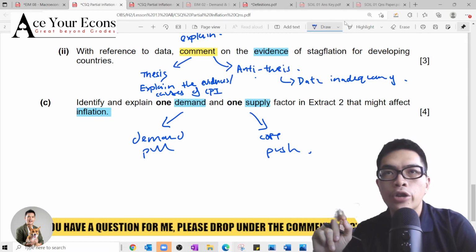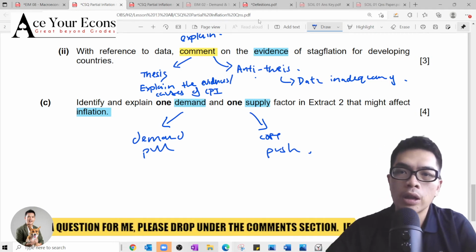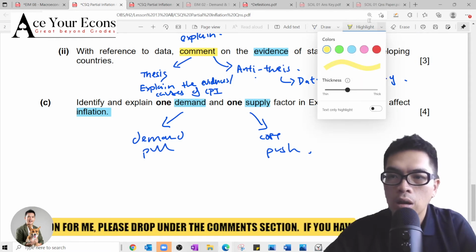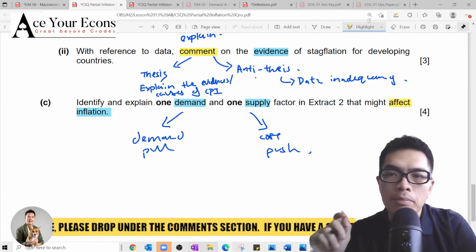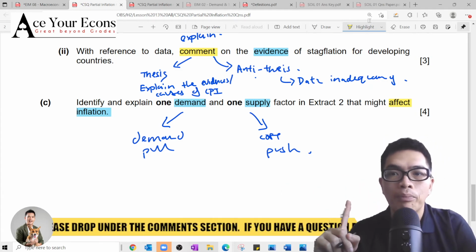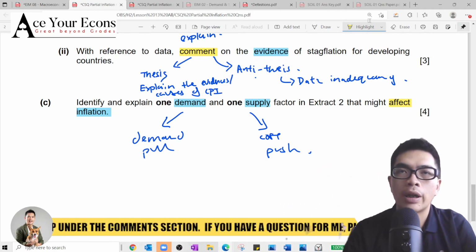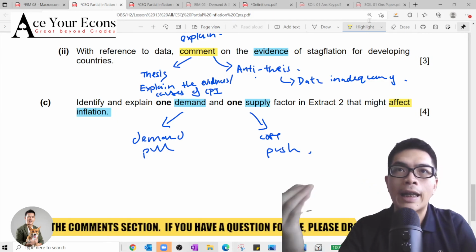But this question actually has a broader perspective. So this question requires you to look into a factor. So a factor does not necessarily mean that inflation has to go up. A factor can also mean that there is a fall in price level, or it simply means that inflation is unlikely to happen.